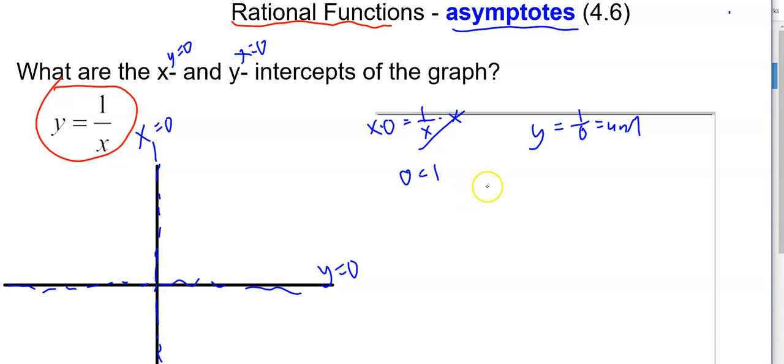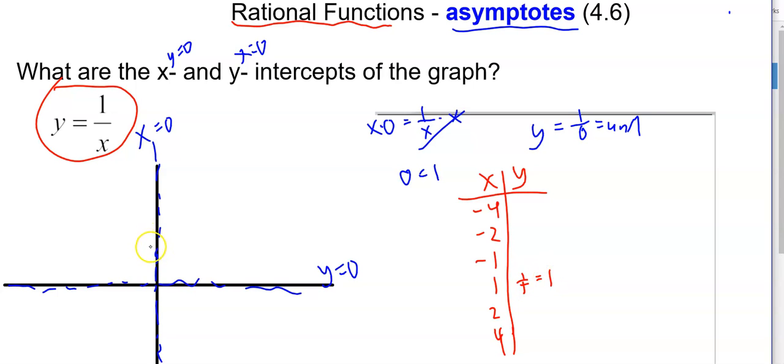First, let's just go old school and plot some points here. We've already plugged in 0. That doesn't work. But let's plug in some positive and negative numbers. So maybe let's do -4, -2, -1, 1, 2, and 4. If I plug in 1, 1 over 1 is equal to 1.